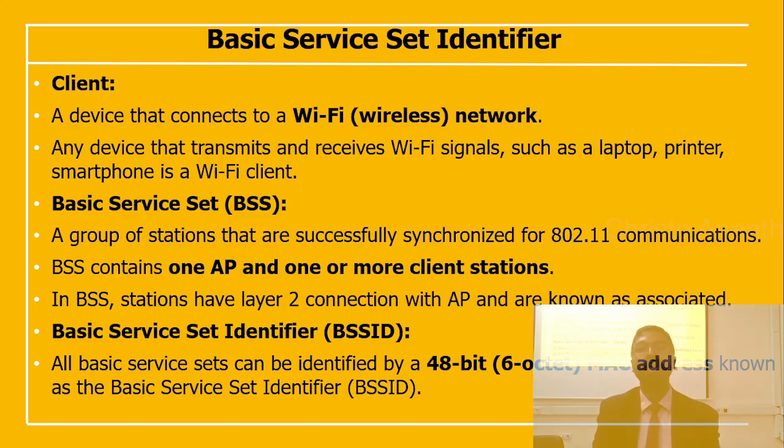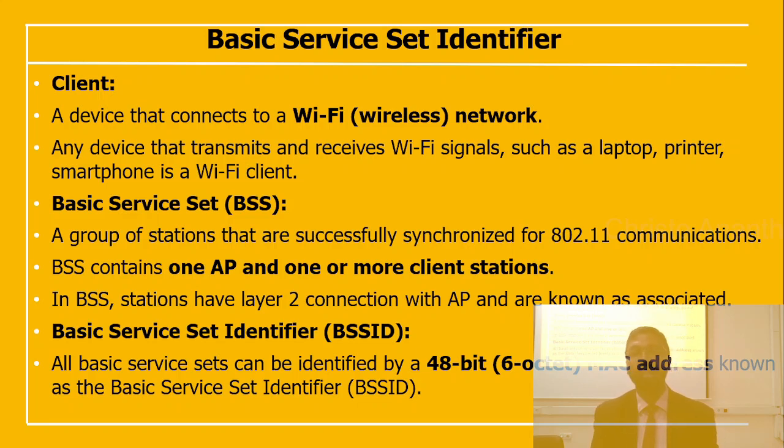Then we have BSS, basic service set. A group of stations that are successfully synchronized for 802.11 communications. A basic service set contains one access point and one or more client stations. In a basic service set, the stations that have a layer 2 connection with the access point are known to be associated.